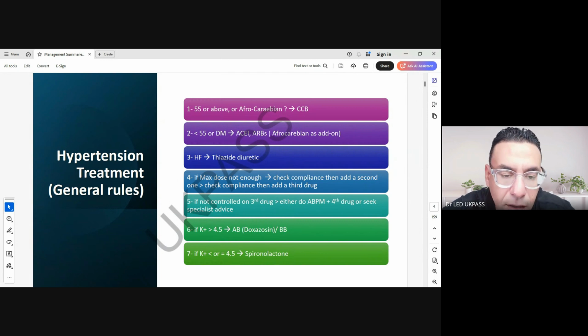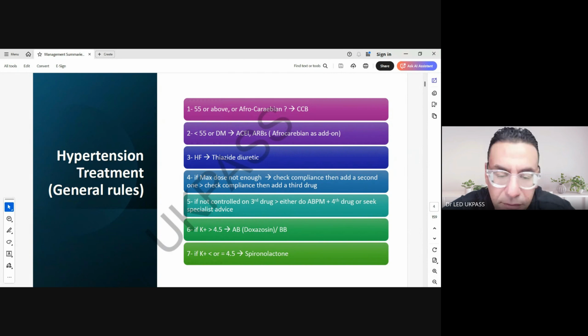However, if we are reaching the last step in primary care, which is adding a fourth drug, at that point we still need to do ambulatory blood pressure monitoring. Okay, so doing ambulatory blood pressure monitoring is in two cases, either at the start or at the end.